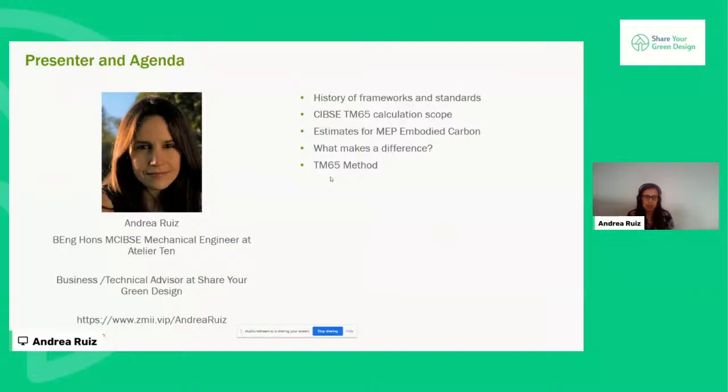I'll give you a description of TM65, which was issued in 2020, and then some rough estimations of what the MEP embodied carbon could be. Furthermore, the main message I want to give you is how we could make a difference on this, and that can then be applied to how we use either TM65 or any other method.